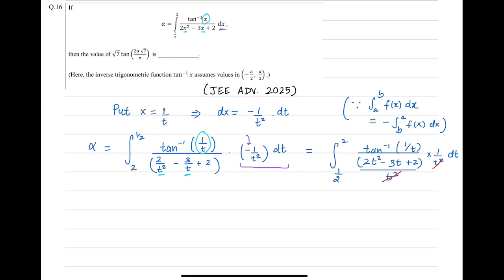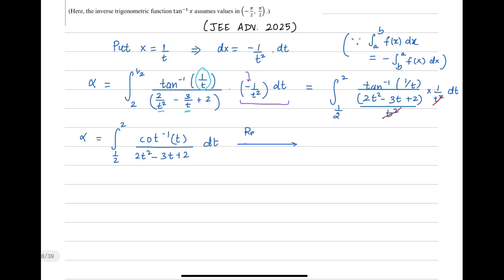So now what is the integral? Alpha is from half to 2. Now instead of t, I can just replace x, okay? And also this term here, tan inverse of 1 over t, I can write as cot inverse of t. So I can write this as cot inverse of t divided by 2t square minus 3t plus 2 times dt.